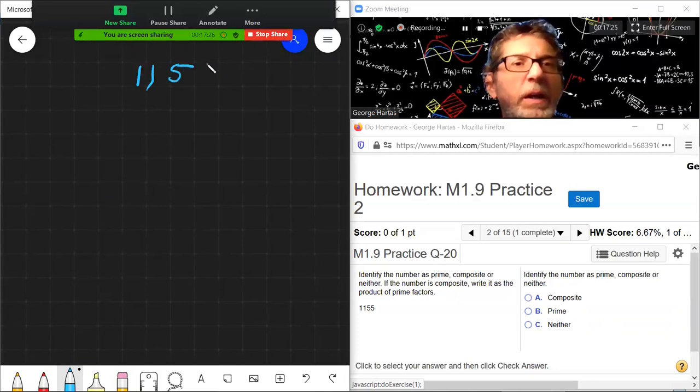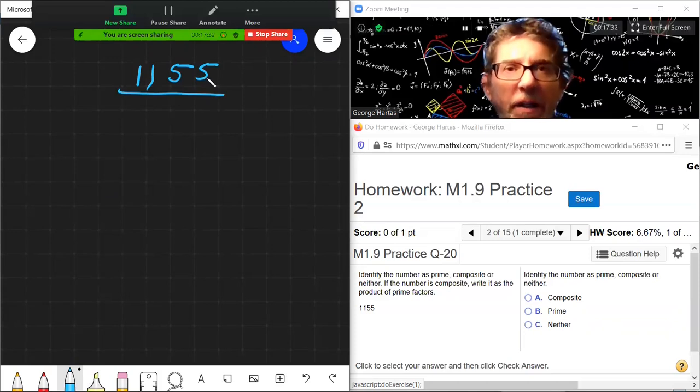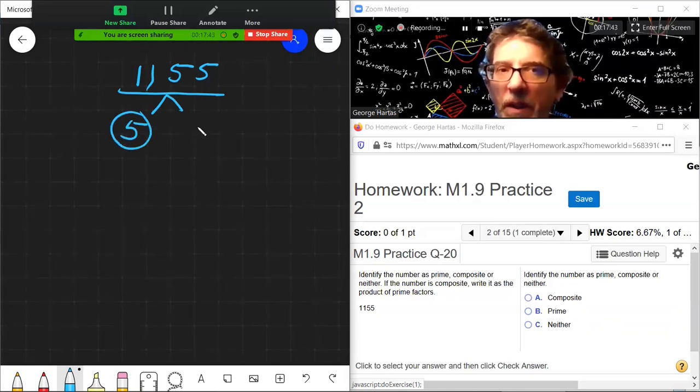1155. What times what is 1155? I have no idea. However, this ends in 5, so I know for sure that 5 times something is 1155. So I circled the 5 because it's a prime number.